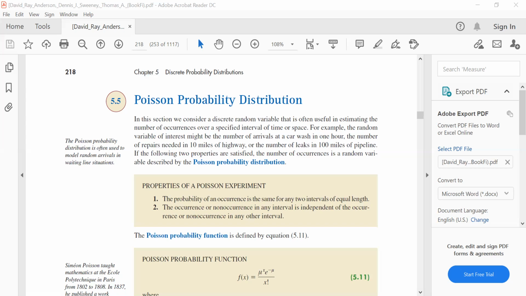So we have three conditions that must be satisfied to apply the Poisson probability distribution. The first condition is that x is a discrete random variable.